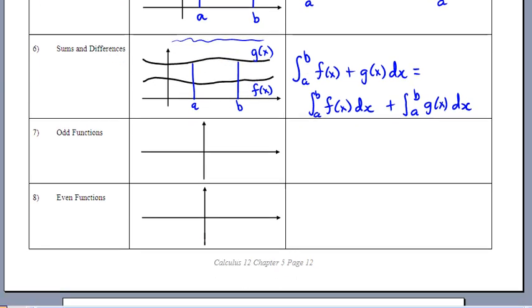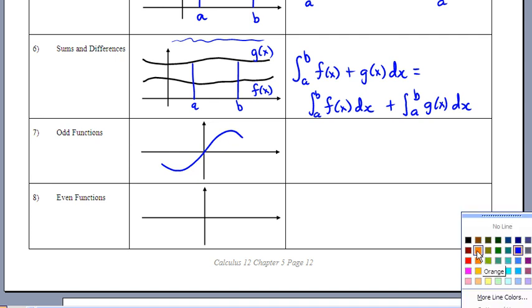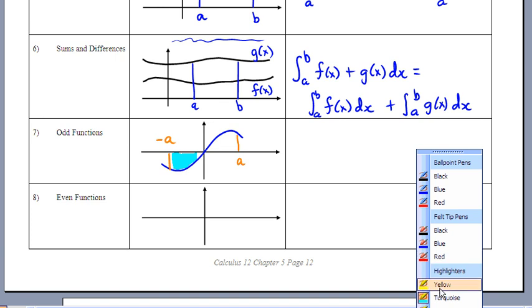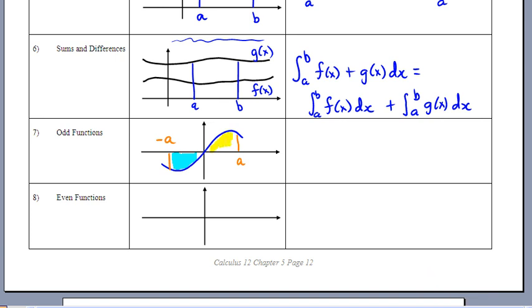Two last ones that are pretty rare, but if you catch them, they're nice. If you've got an odd function, something that maybe looks like this, does the opposite thing on the opposite side. On the rare case where you're integrating from, let's call it minus a all the way out to a, because of the fact that calculus likes to call this integral here a negative number, because the area is hanging down underneath the x-axis, and it likes to call this integral positive because it sticks up above the x-axis.